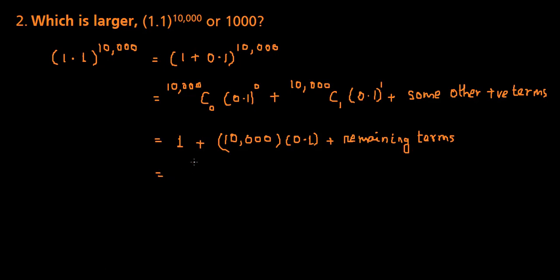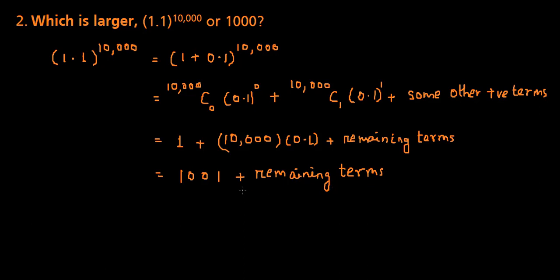When we add the first term to the second term, we should get 1001 plus the remaining terms. We can check it out. The second term is 10,000 times 0.1, which is 1000, so 1000 plus 1 gives us 1001.